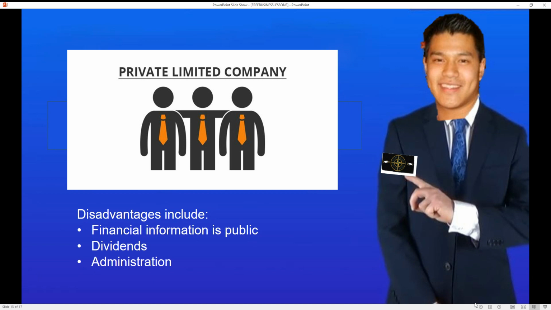And financial information is public. Although it's called a private limited company, they do still have to publish their accounts online to the public. So anyone can access their accounts, see how well they're doing, might copy some strategies, and so on and so forth. And that takes time, and you need to hire specialist accountants to do that. So again, it's an increasing cost.